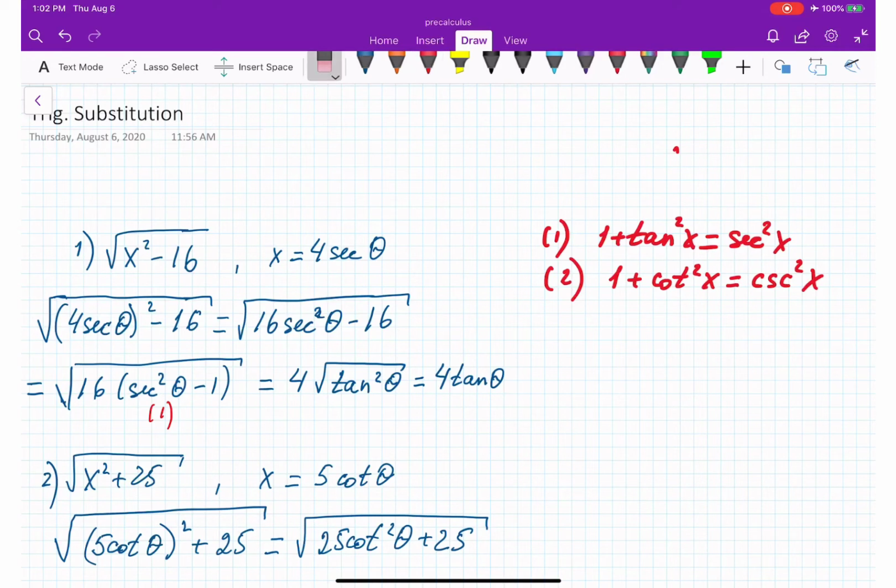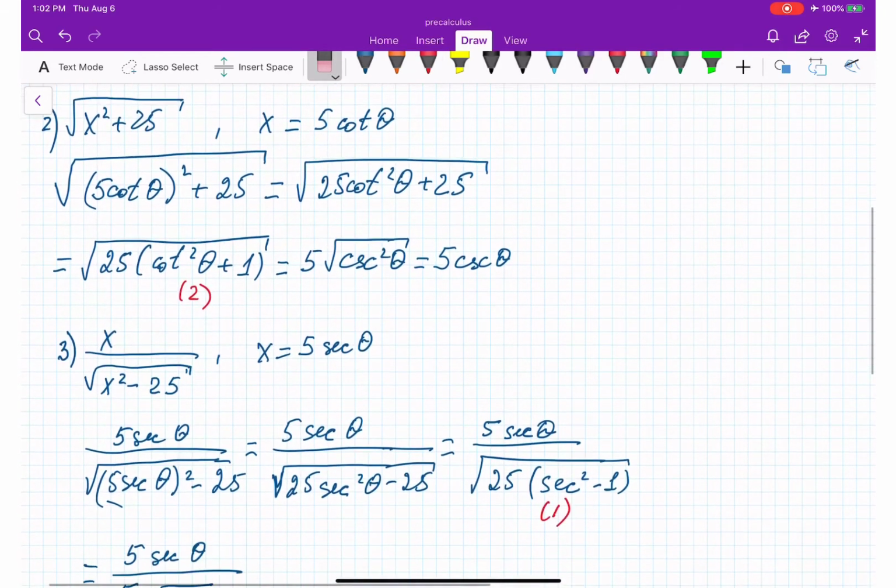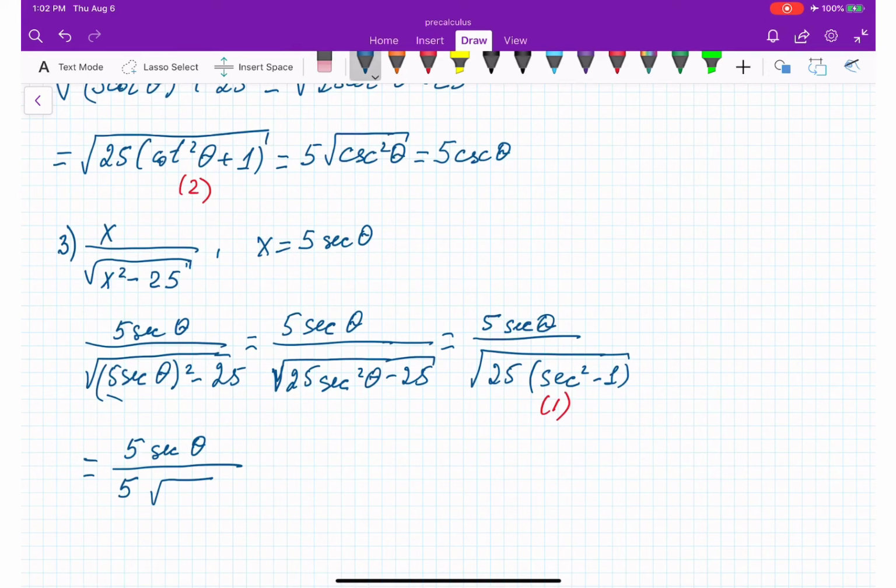We get the square root of tangent square theta. So this 5 and 5 are gone, and we are getting secant theta over tangent theta.